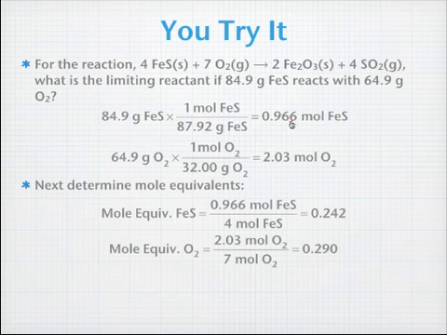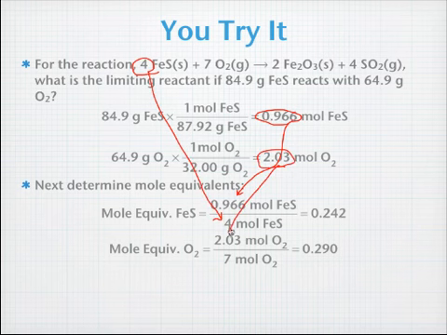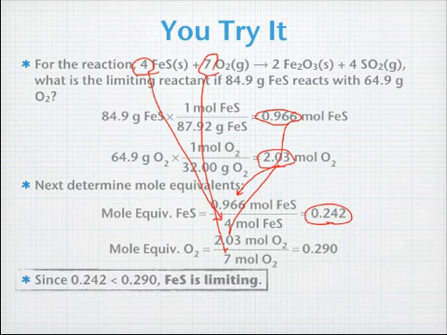For the oxygen, we'll take the 2.03 moles and divide by the 7 moles in the balanced chemical equation. 0.242 is less than 0.290, and so the FeS is the limiting reactant.